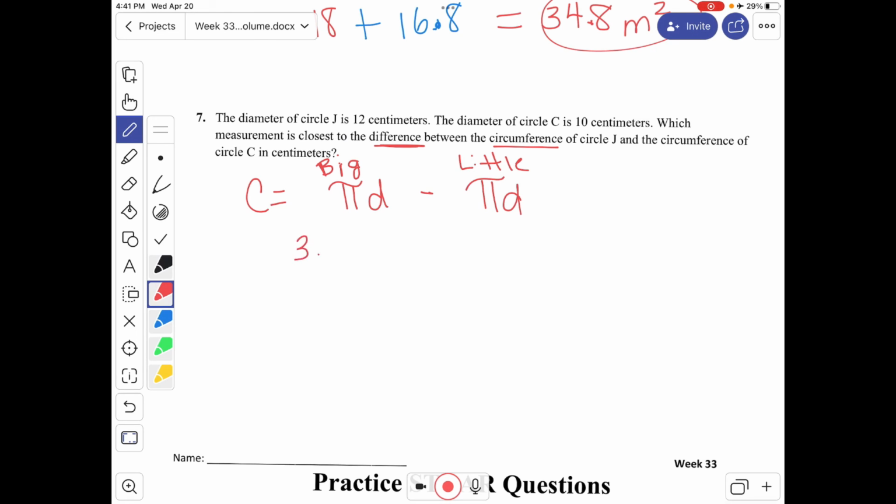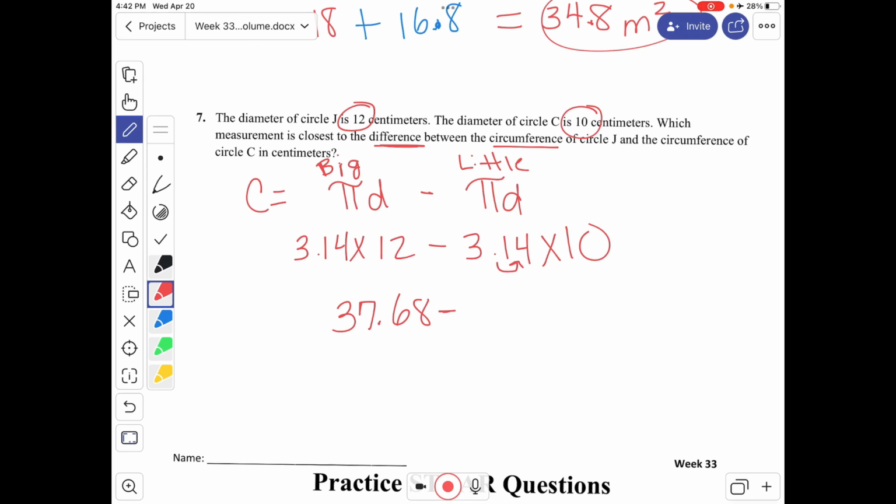The number we use for pi is 3.14 times the larger diameter, which was 12, minus, still the number we use for pi, 3.14 times the smaller diameter, which is 10. 3.14 times 12 is 37.68, minus 3.14 times 10, just have to move the decimal over, so that would be 31.4.